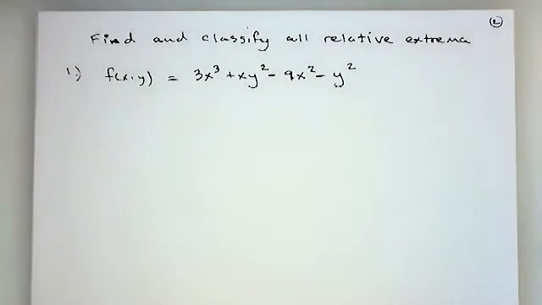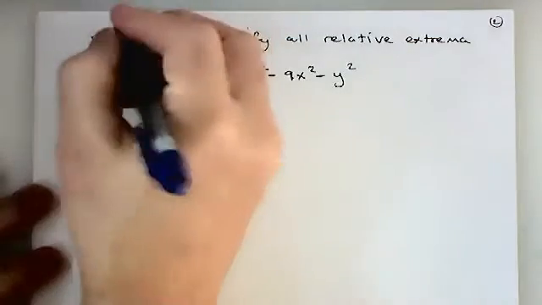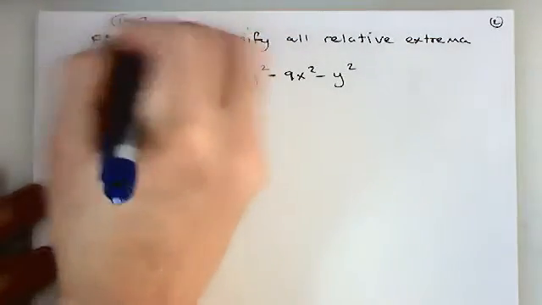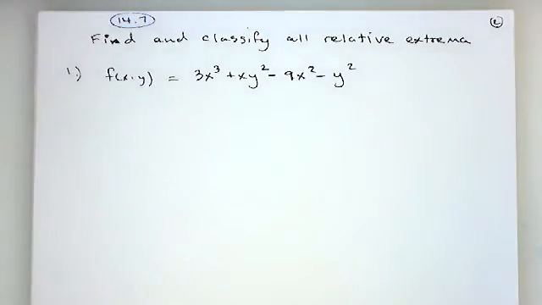All right, this is 14.7 now. This is where, if you've been following in this chapter 14, we basically have been repeating a lot of the ideas of 21a and, in particular, limits, derivatives, although we've been doing partial derivatives.